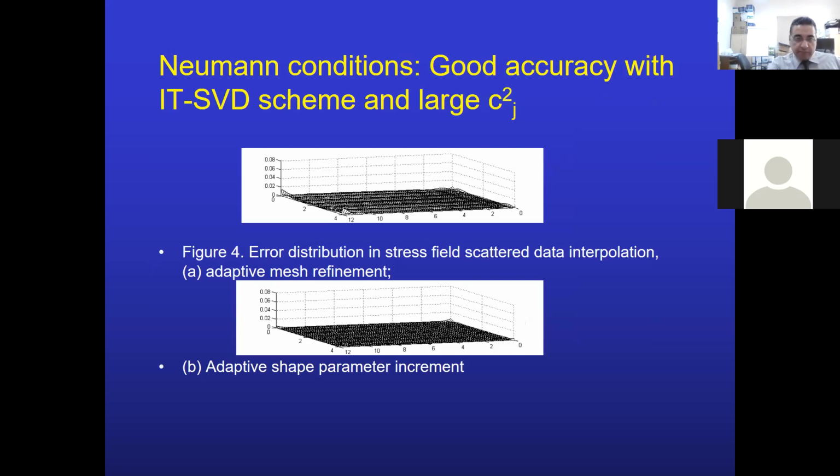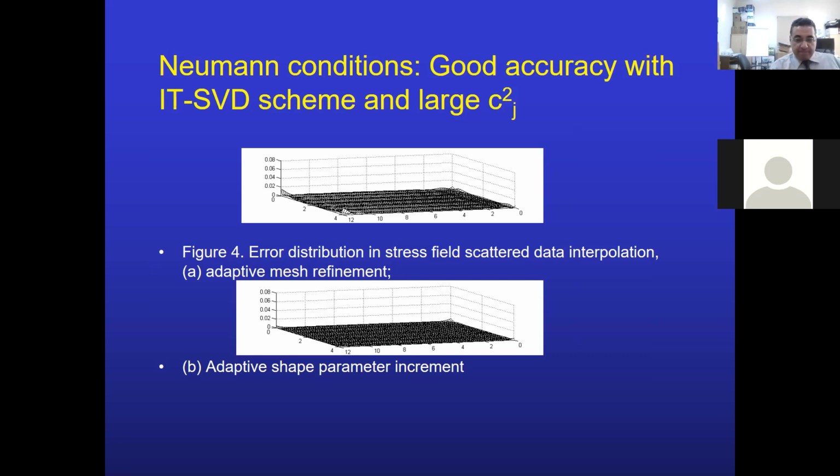So here we look at the error distribution in the stress field, the scattered data interpolation. The top figure A is with adaptive mesh refinement, and B is with adaptive shape parameter refinement.